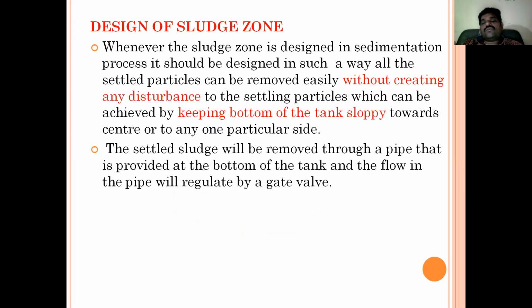So for the sludge zone, the first point is that the settled particles, which we name sludge, must be taken off without creating any disturbance to the settling particles. How can we achieve this? By keeping the floor sloping towards the center or towards one side. Understand? This is about the sludge zone.